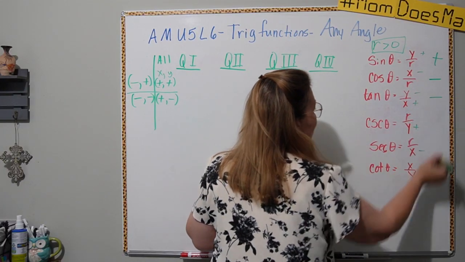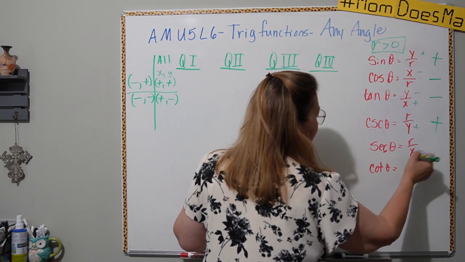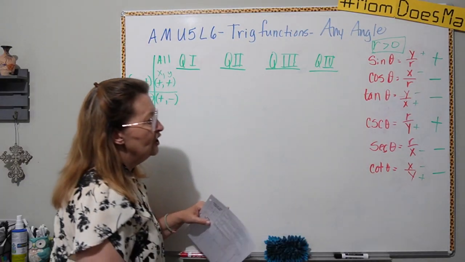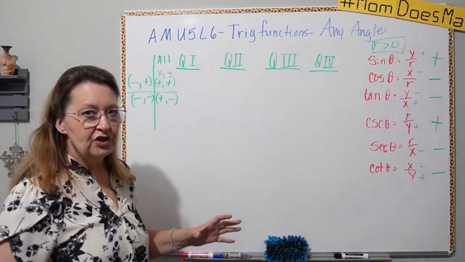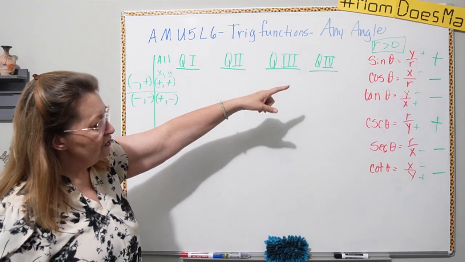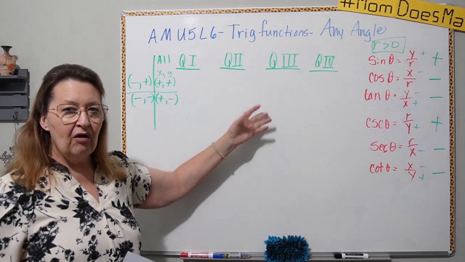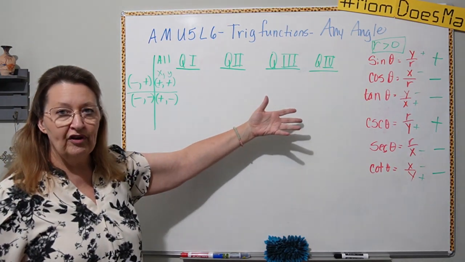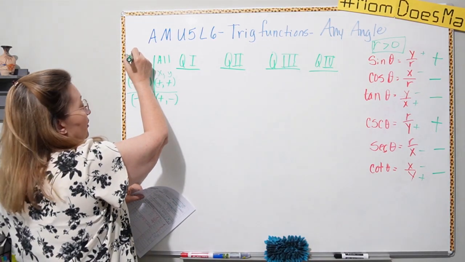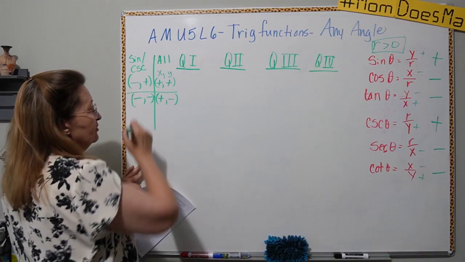Here's one that's negative. All right, what about this one? It's all positive. This one's negative, and that one is negative. So which functions are positive in quadrant 2? Only your sine and your cosecant. And remember, those are reciprocal functions. So that's why they're both. But anyway, we're going to write up here sine and cosecant.